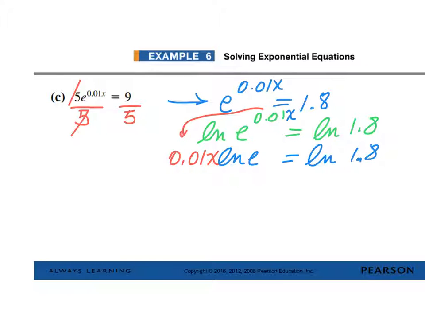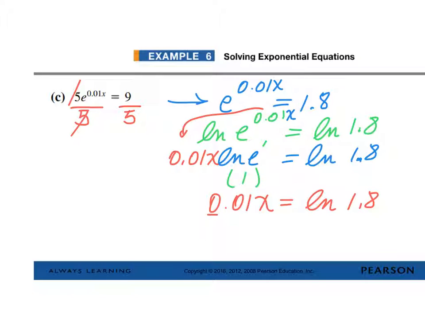So this is 0.01x times the natural log of e. And remember that the natural log of e to any power, and in this case that power is 1, is actually just 1. So what we actually have then, since ln e is 1, is 0.01x is equal to the natural log of 1.8.